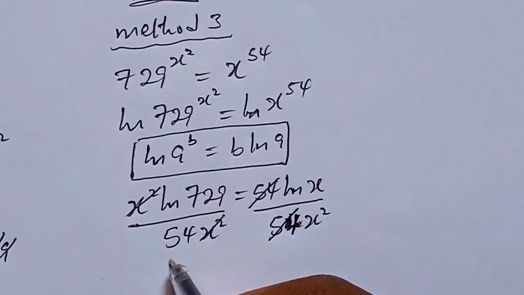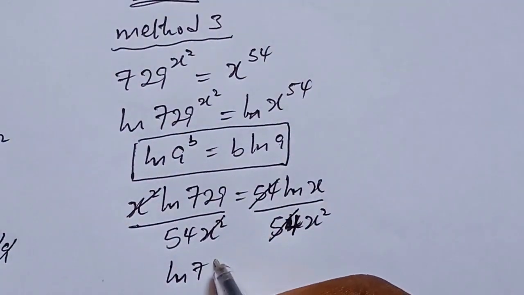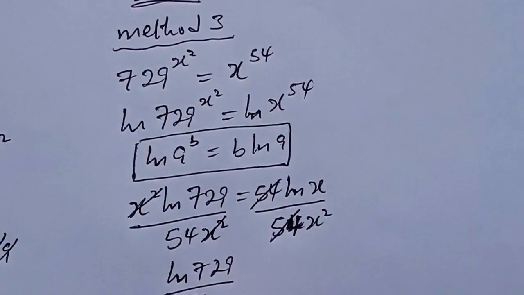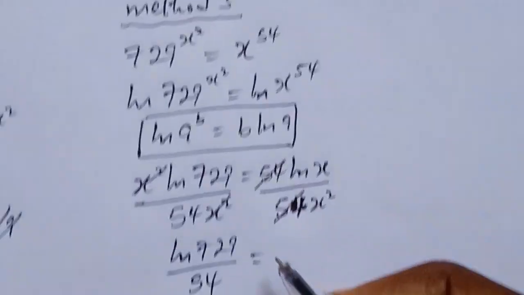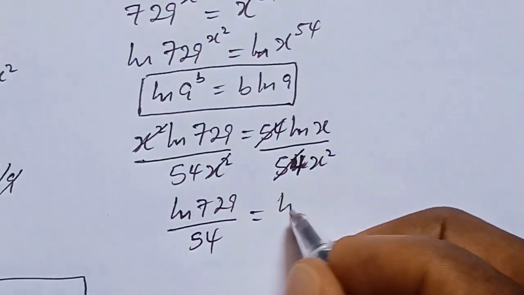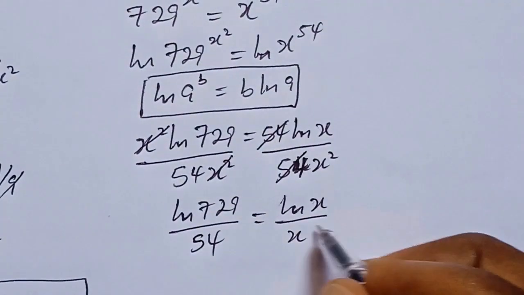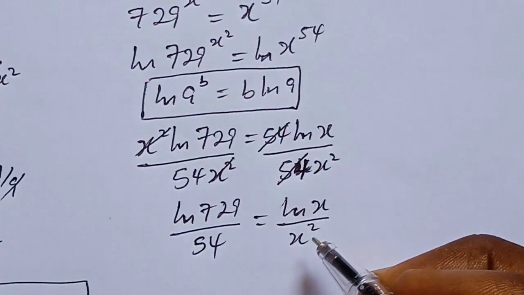So we are now left with natural log of 729 over 54 equal to natural log of x over x squared.